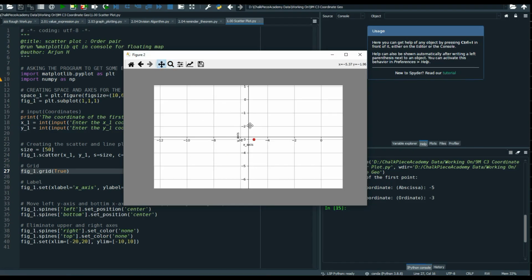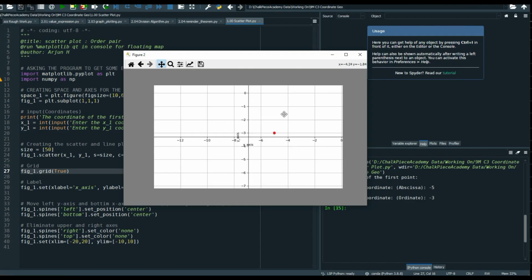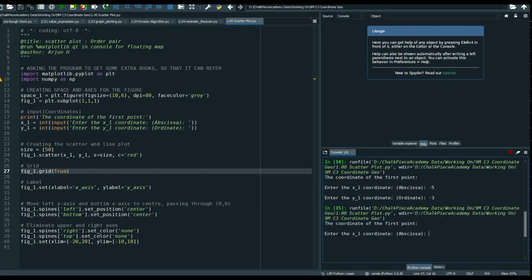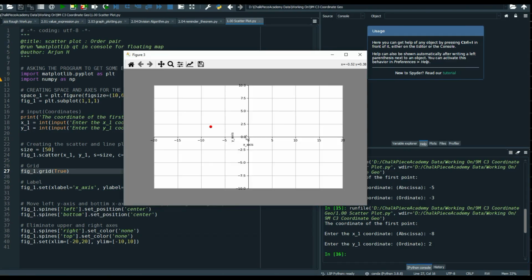Here by default things would not be arranged, 0, 0 is somewhere else altogether, so you have to arrange it a bit. You can see -5, -3, left and down. Next. -8, 2. What do you guys think? -8 means left, right? Yes. 2 means up. So -8 and 2.